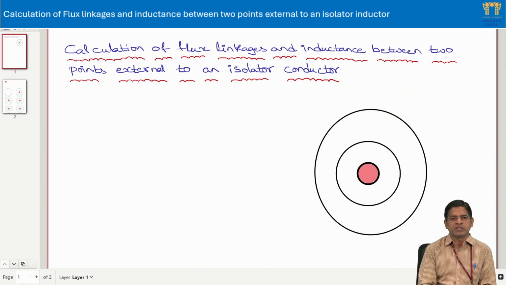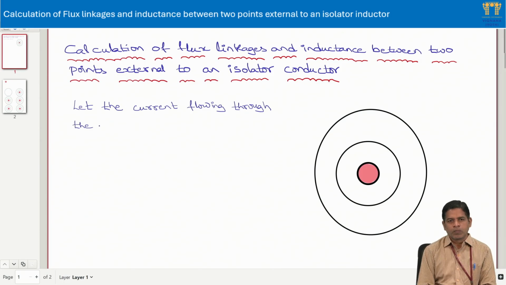Now let us assume that the current flowing through the conductor be capital I amperes.